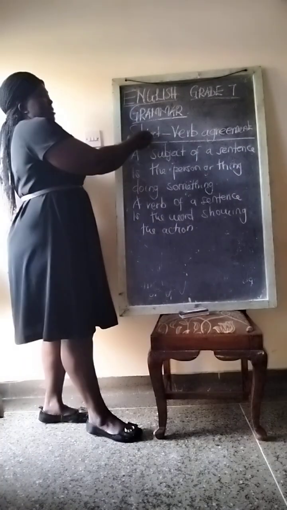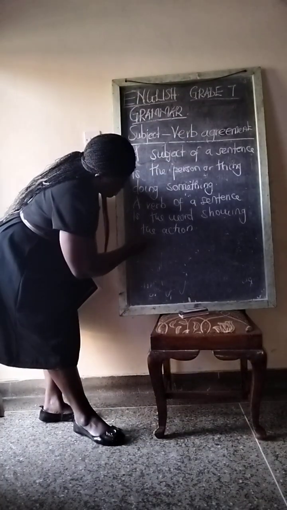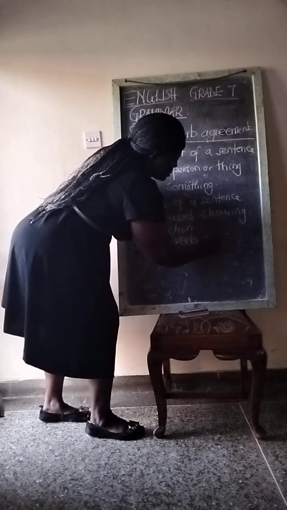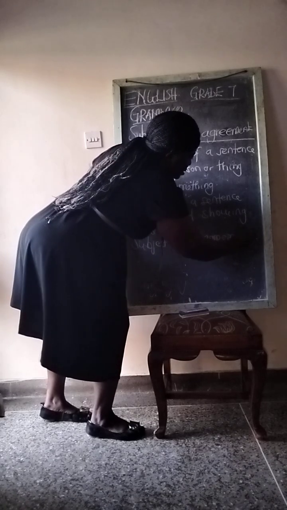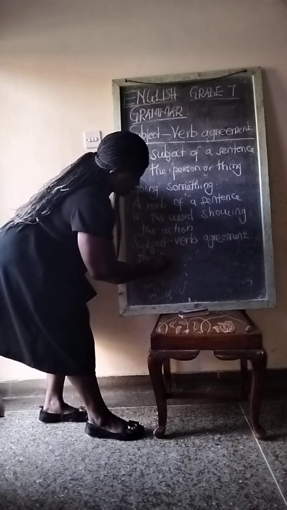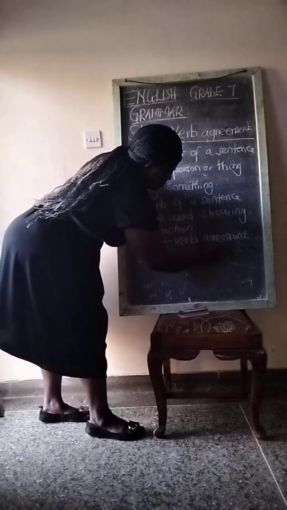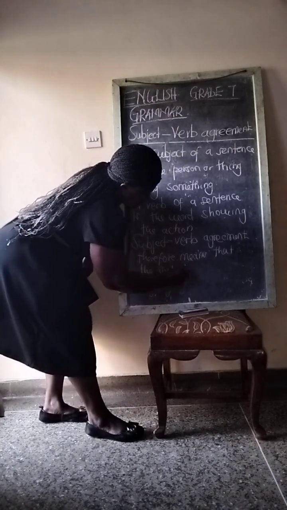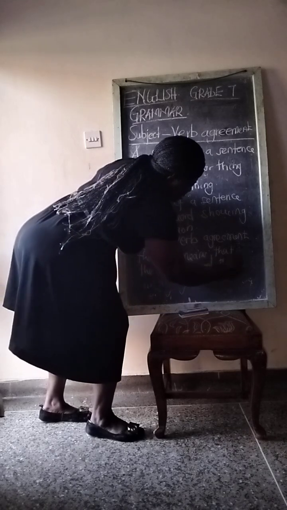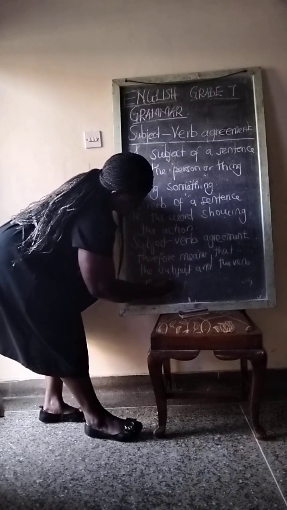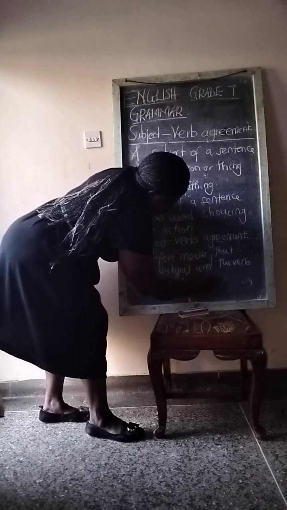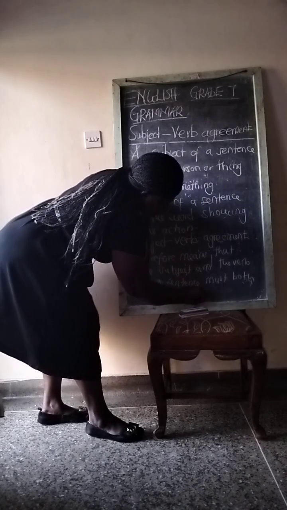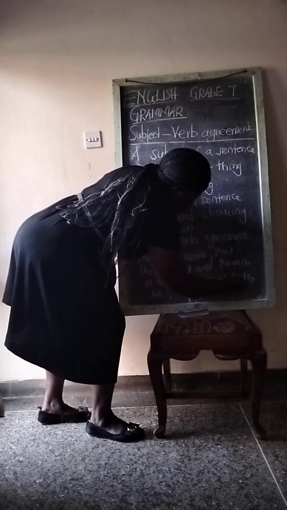Now, what is subject-verb agreement? Subject-verb agreement therefore means that the subject and the verb in a sentence must both be singular or plural.